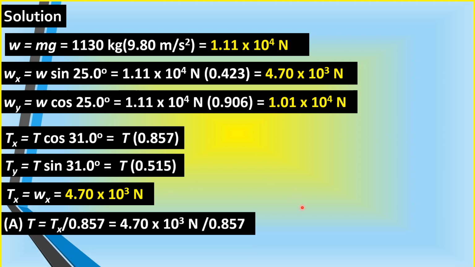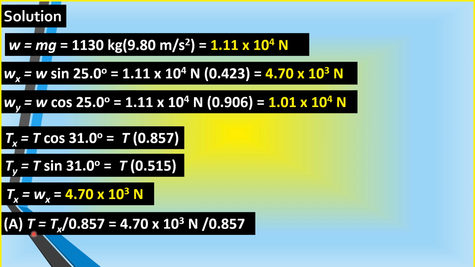And we now have the solution for our first question, which is finding the value of the tension of the cable, capital T, right? So capital T, from what we have here, Tx is equal to capital T multiplied by 0.857.